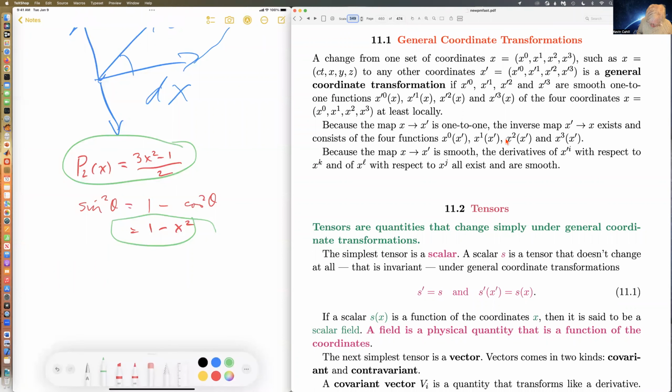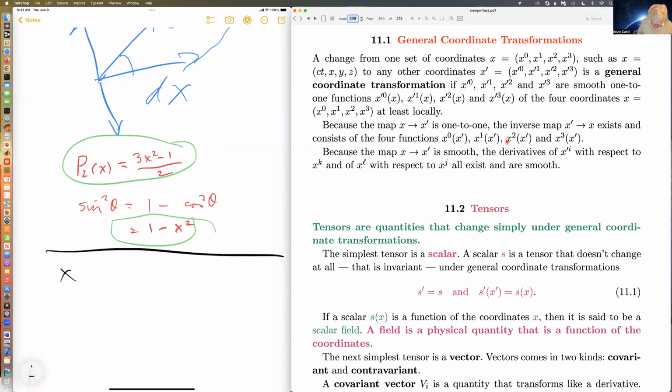Maybe you can go from xi's to x prime i's, or you go from the x prime i's to the xi's. And the idea is that we don't want any mathematical difficulties. So in general, we think about things as being smooth and one-to-one.